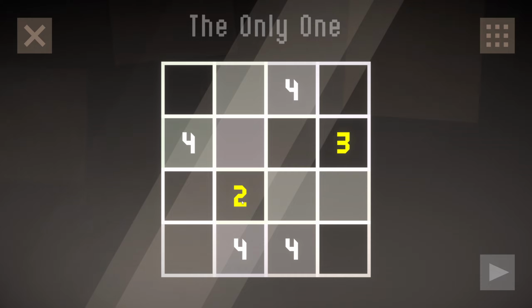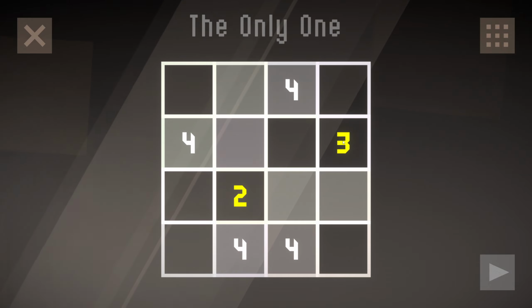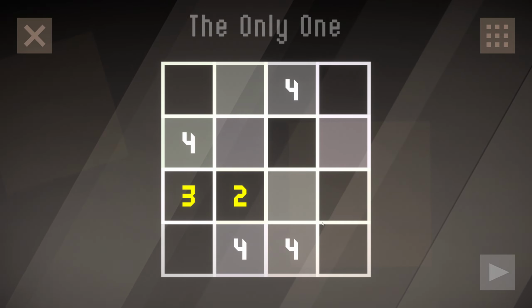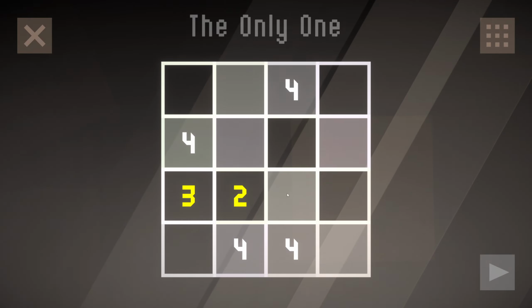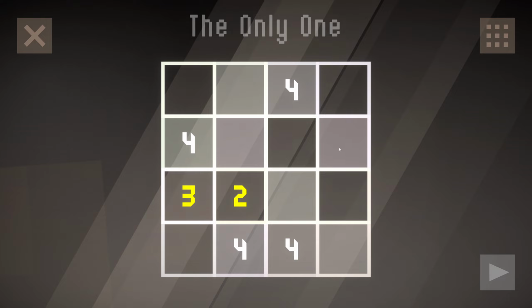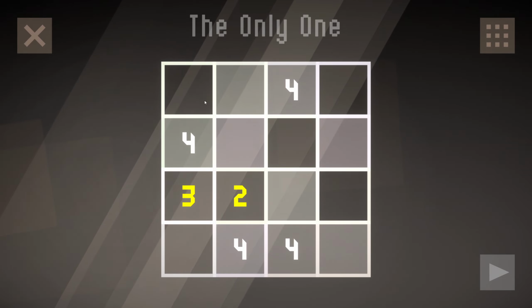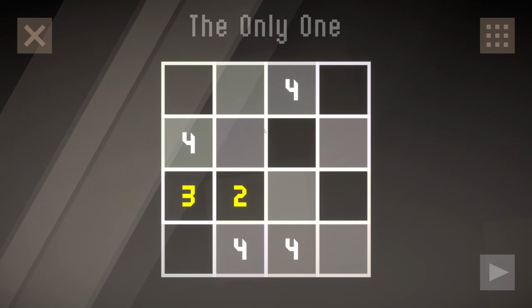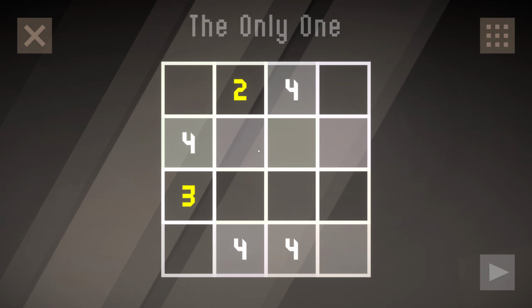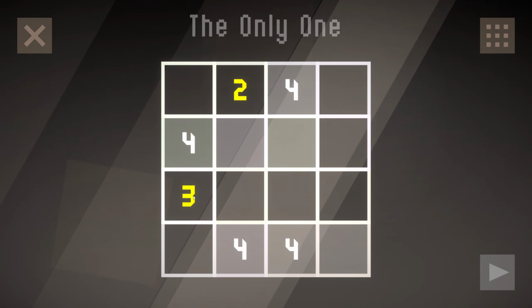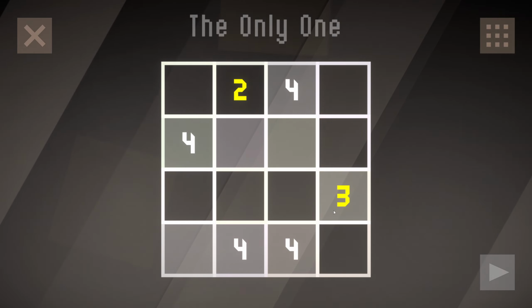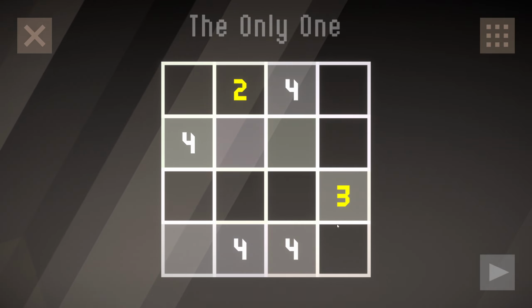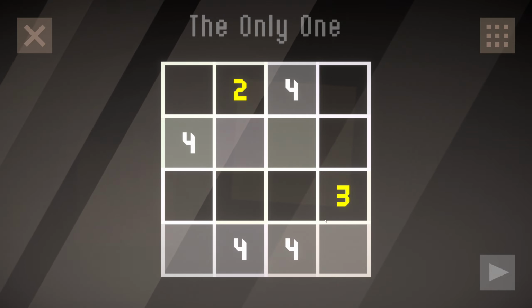I can't make a group of 2 out of what's left. There's a group of 3. That's allowed. That's a group of 2. This 4 can't meet that group of 4 anywhere, so it could only be this in this arrangement.